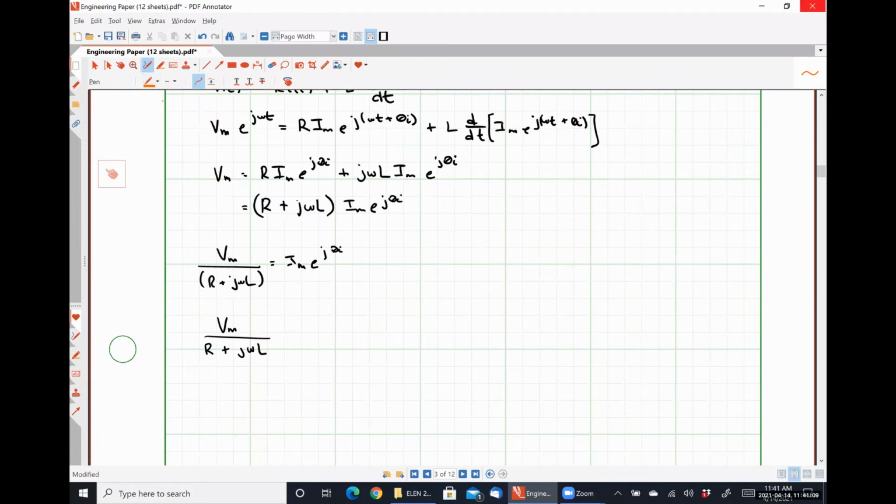We know that for a complex number A, which is equal to A plus jB, or alternatively in polar form, we'd have A e to the j theta A, we know that A is equal to the magnitude times cosine theta A, and B is equal to the magnitude times sine theta A.